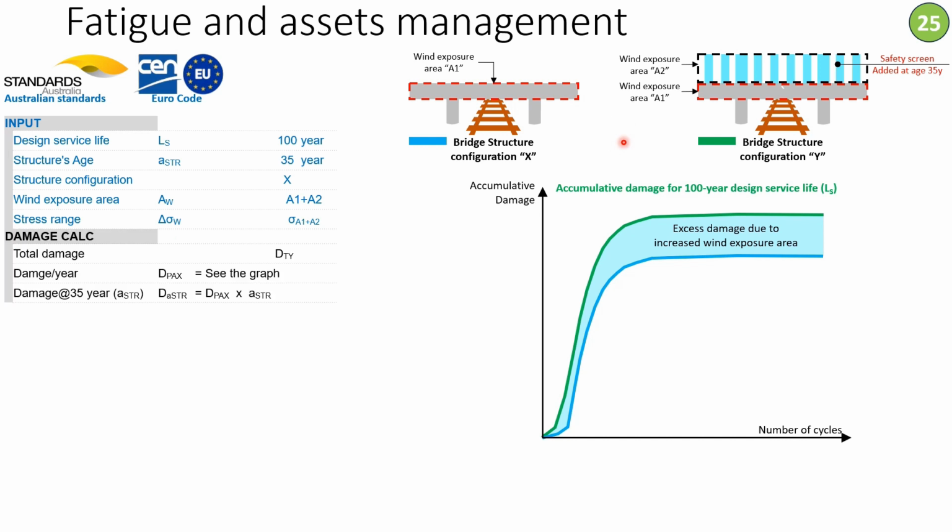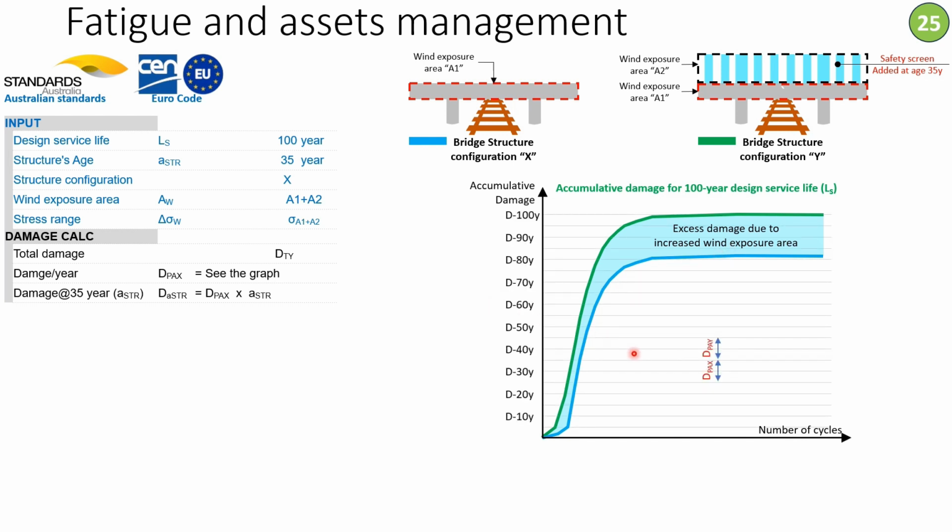Now, we're still able to calculate the total damage for configuration Y and the total damage for configuration X. That's straightforward, as we learned before, but the tricky part is the incremental damage per year. Getting the total damage for each configuration is straightforward, but the incremental damage per year is a bit tricky because we have two incremental damages per year.